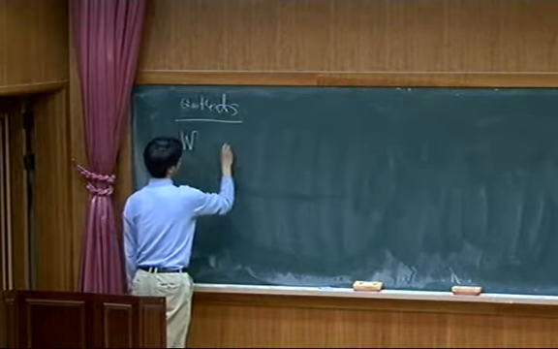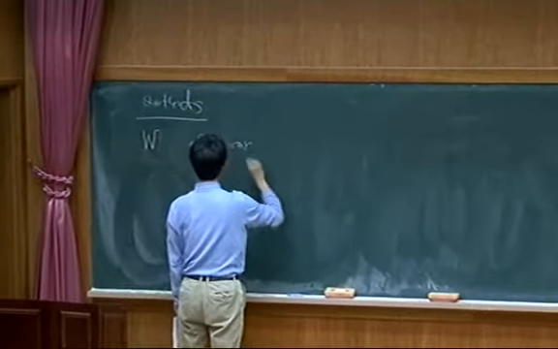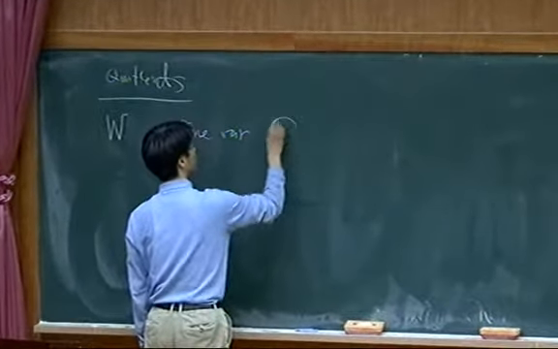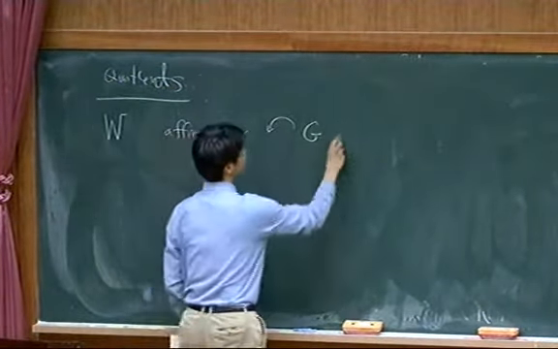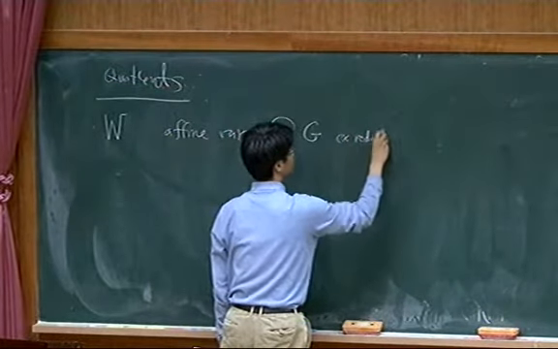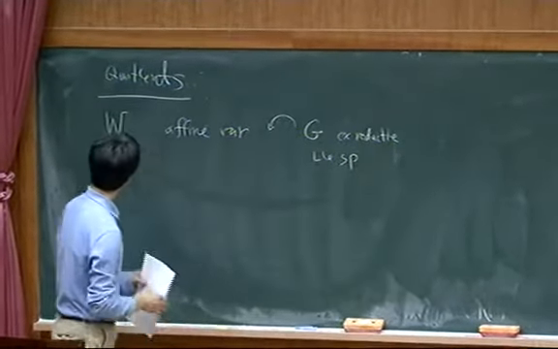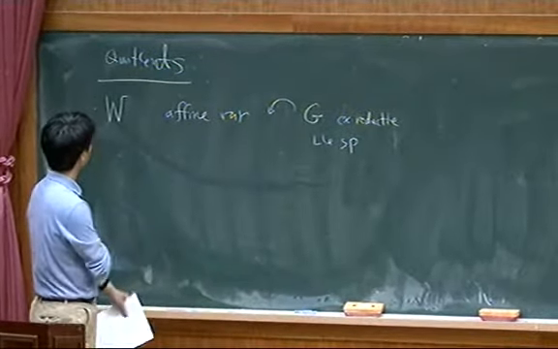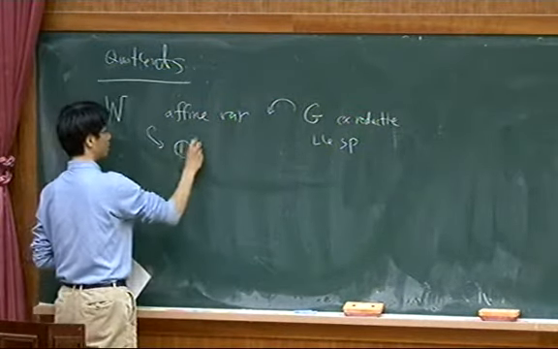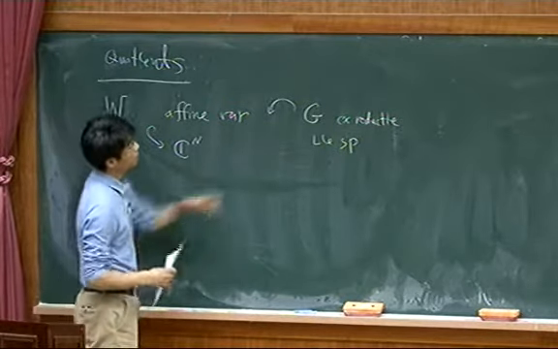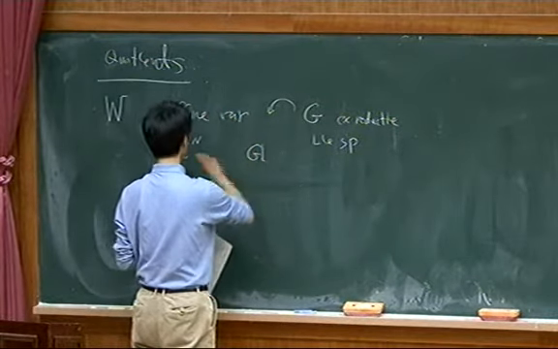So W is going to be an affine variety with an action by a complex reductive Lie group. And suppose it acts linearly, in the sense that W can be embedded into some linear space such that this action acts through the general linear group of C^n.